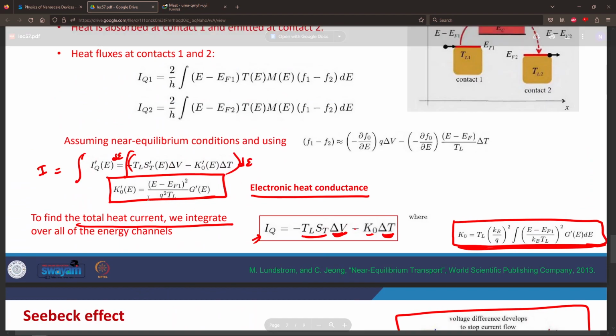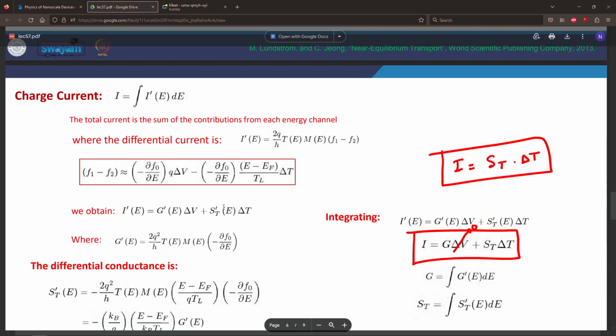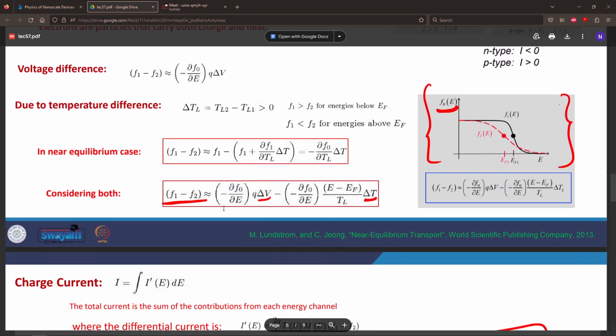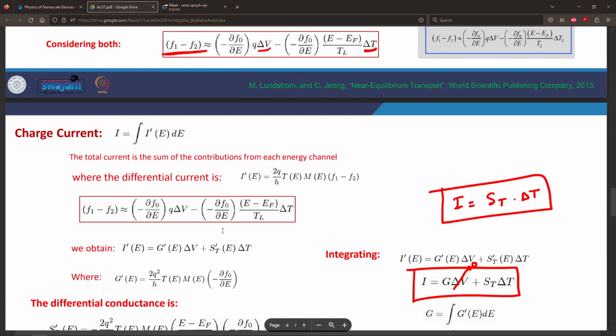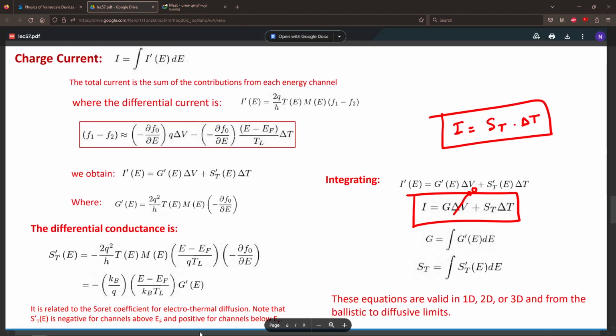Yes, where is S_T? Yes, we have it here. And the connection between S_T and delta T is this.